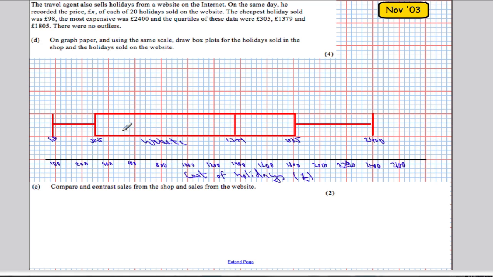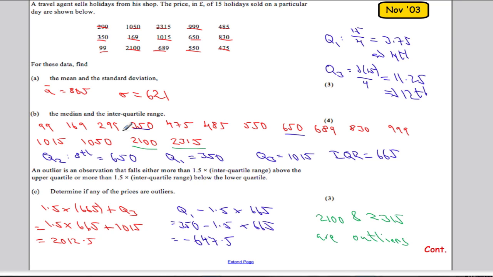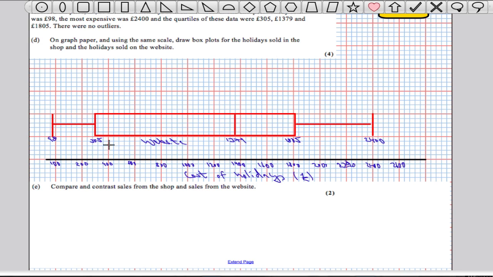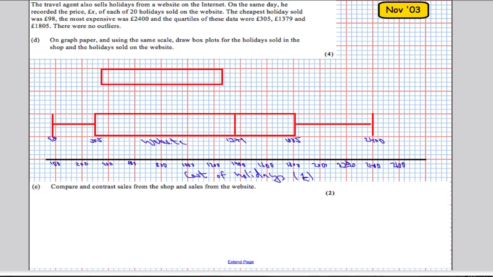Now we need to do the shop. So the shop sales: let's see, 650, 350, and 1015. So 350 and 1015 for our quartiles. 300 is right in the middle, so 350 will be right about here. 1015 will be between 1050 and 1100, just marginally bigger than 1000.